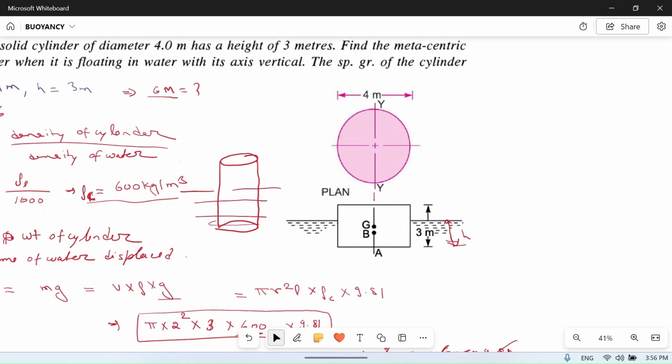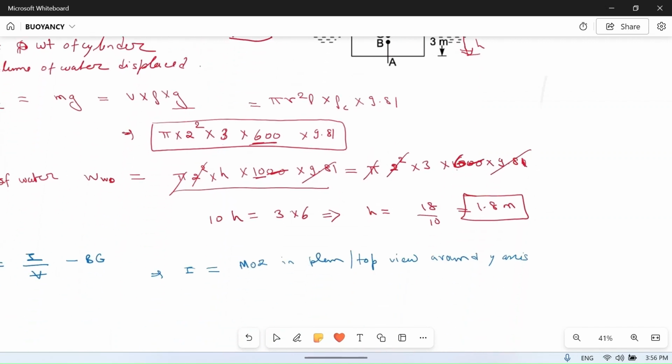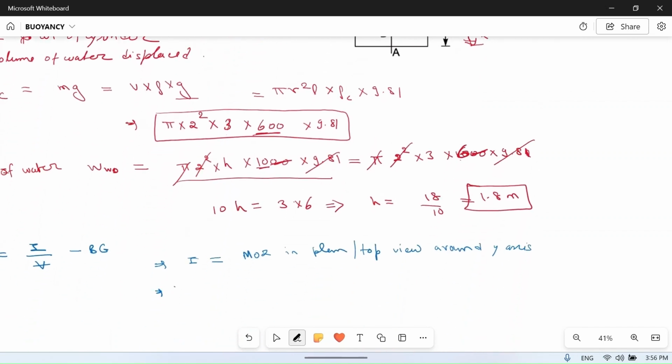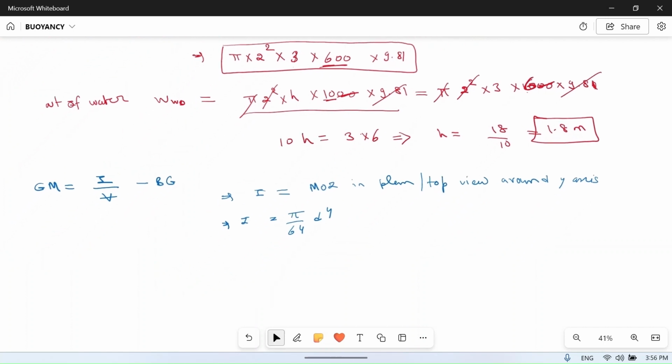So around x-axis and y-axis moment of inertia will be the same. So moment of inertia I will become pi by 64 d to the power 4, and V we have already calculated: pi r square, or pi by 4 d square, into h which is 1.8.